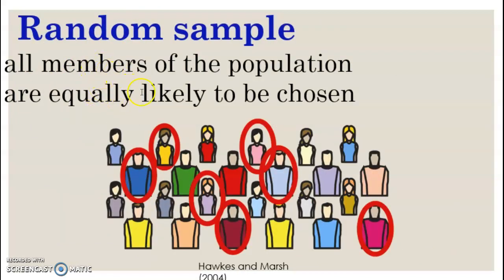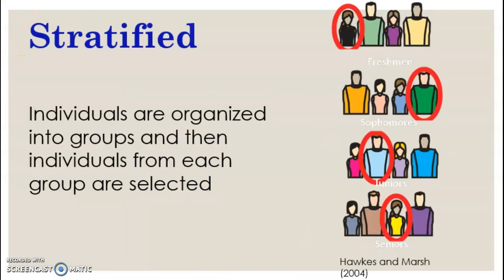Random sample: all members of the population are equally likely to be chosen. You can see that, just pick at random. Stratified: individuals are organized into groups, and then individuals from each group are selected. And it's got it right here: freshmen, sophomores, juniors, and seniors.